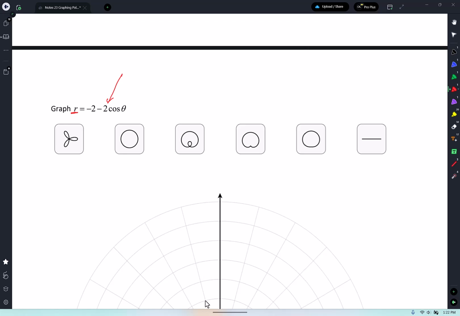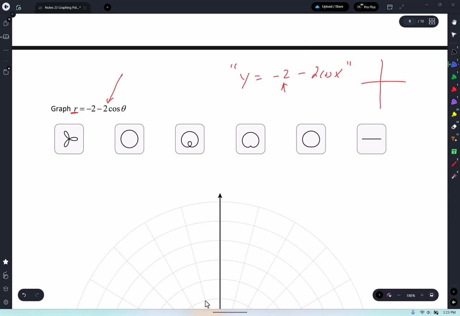Y equals -2 minus 2 cosine theta, or cosine x, like in the first semester. This is your midline, -2, and that's a cosine, -2 minus 2, -4, so it starts over here. The smallest it'll ever be is -4.